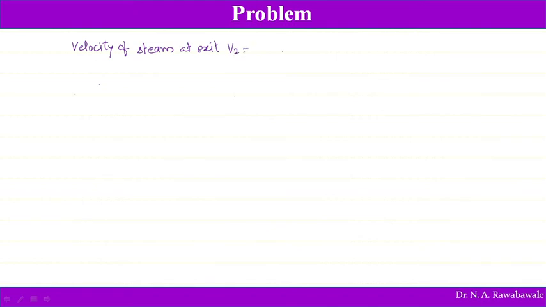V2 is given by square root of 2 into h1 minus h2 dash into 10 to the power of 3 into nozzle efficiency. Now here, h1 is known, nozzle efficiency is known, and h2 dash we have to find out. So how to find out h2 dash is important.